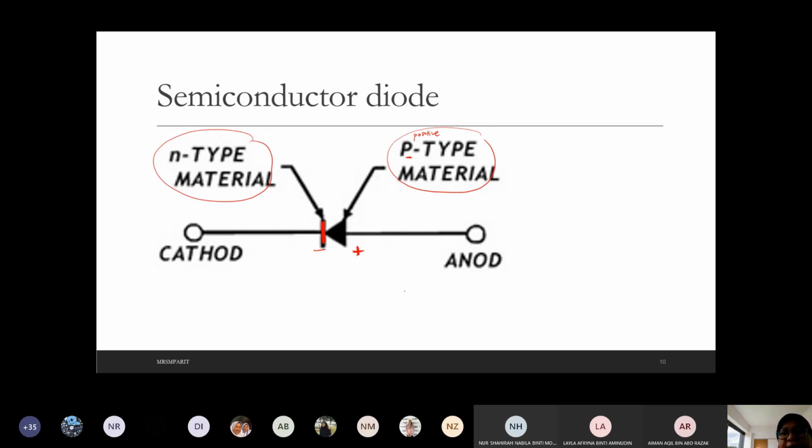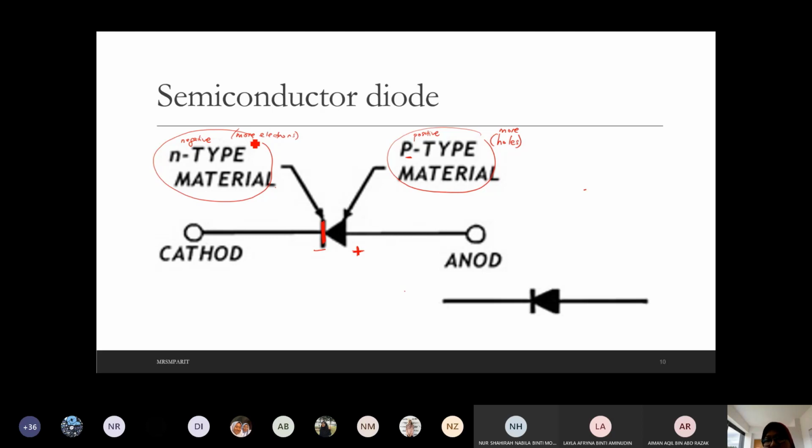Positive means there are more holes here. This one is N, as if negative, and it has more electrons.